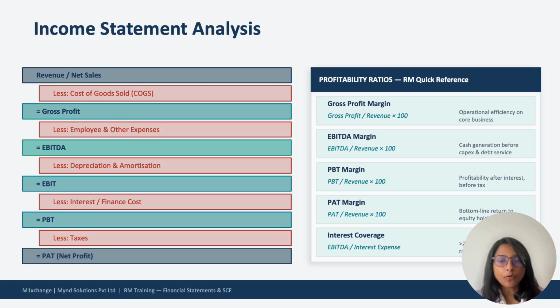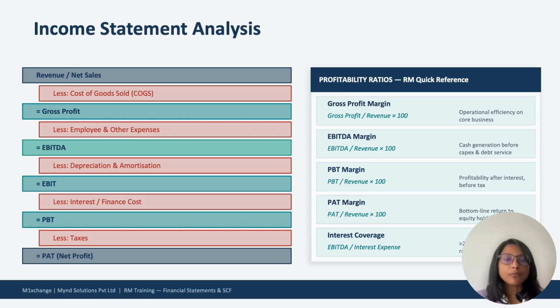Now the most important ratio is your interest coverage ratio. And what does that tell me? If the company is generating enough profit to service or pay its interest, right?